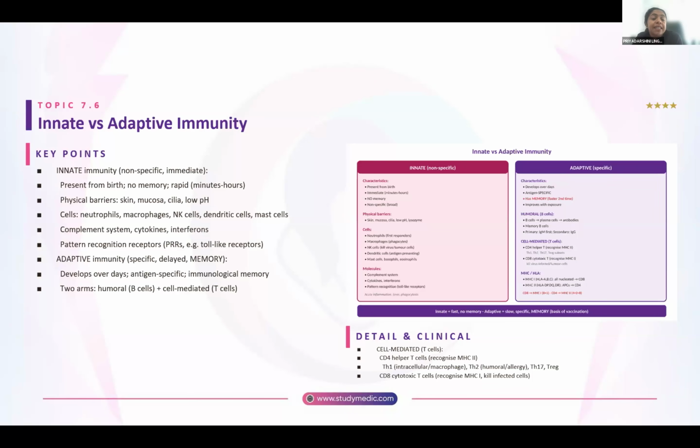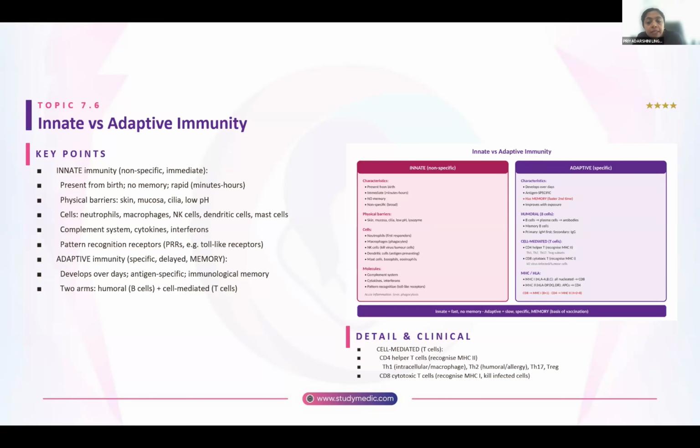Now, coming to your cell-mediated immunity. In cell-mediated immunity, you have your T cells. Here you have your CD4 helper cells, which recognize MHC class 2, and you have your CD8 cells. Your CD4 are called helper cells and your CD8 are called cytotoxic T cells. Your CD8 is going to recognize MHC1.